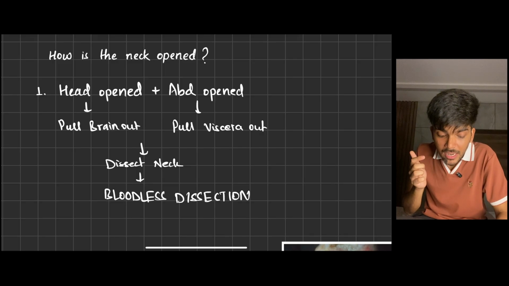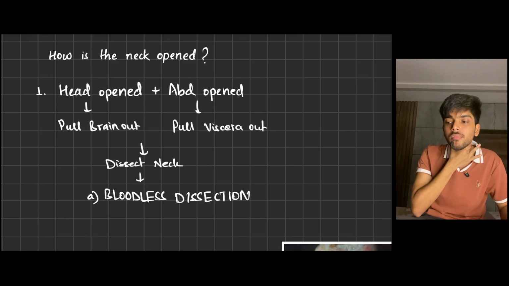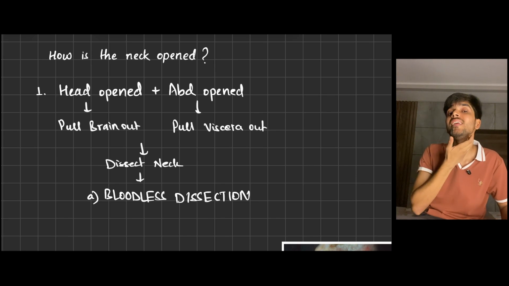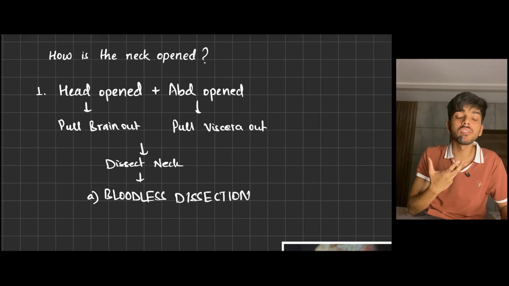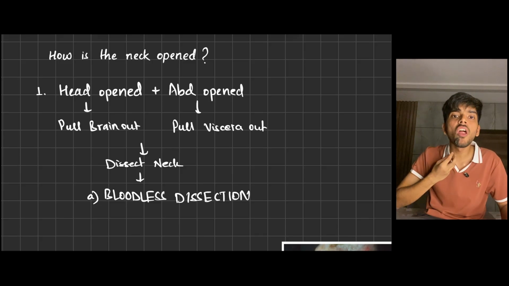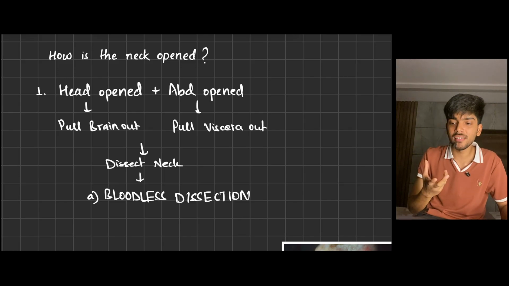Bloodless dissection. See, hear me out. Number 1, bloodless dissection. In case of neck compression, the jugular veins are compressed. And if you go ahead and incise and cut the neck first, the jugular vein will rupture and there will be lots of bleeding in the neck. As a result, the evidence won't be appreciated easily.